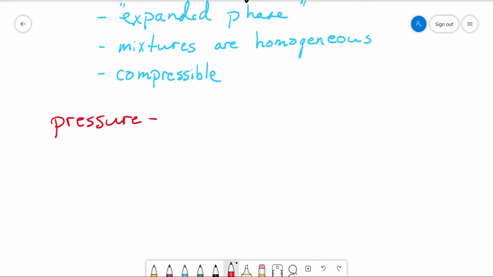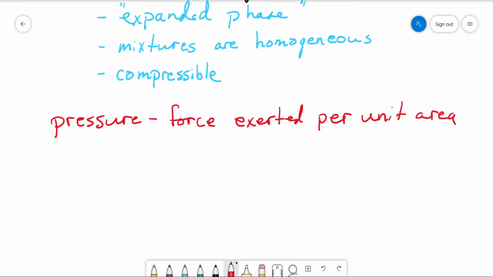What is pressure? Technically speaking, it is force exerted per unit area. Well, what does that mean?